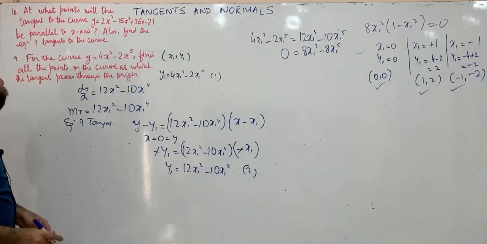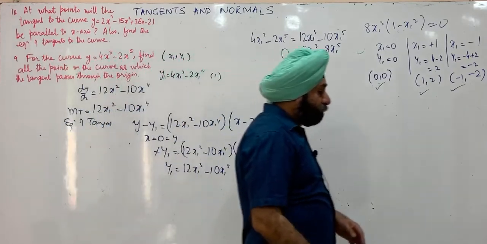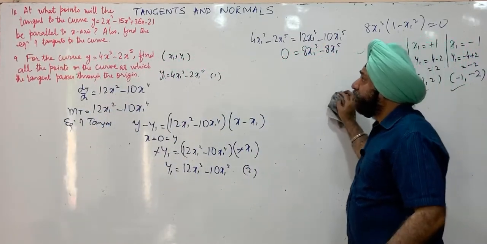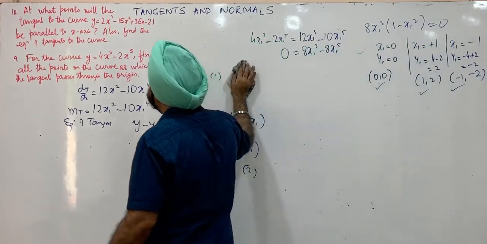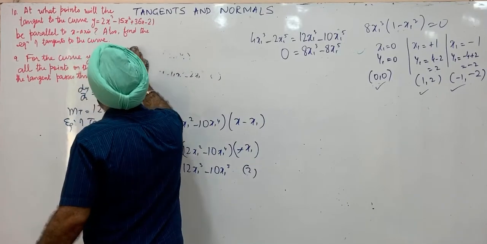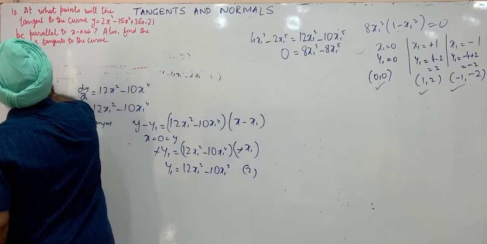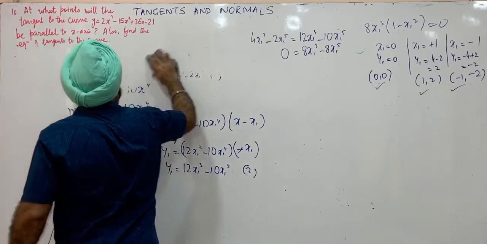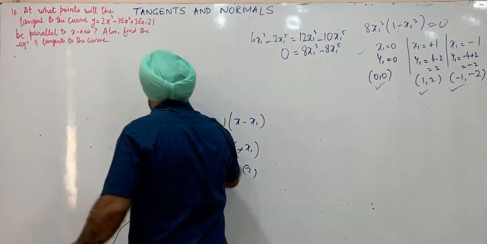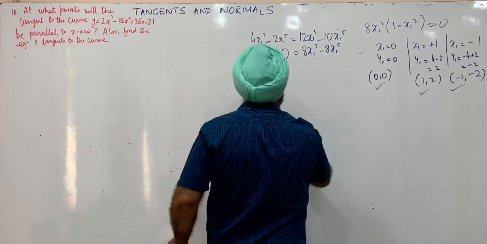The last one, we have to find again the point on the curve y is equal to 2x cube minus 15x square plus 36x minus 21 at which the tangent is parallel to x-axis.